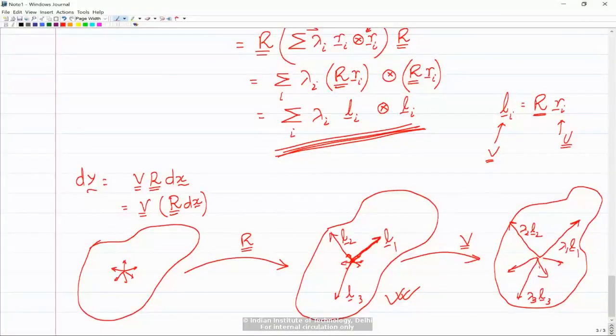If you think of any other line element here, let us say L, then finally it is going to become V times L. And L not being the eigenvector of V, it will undergo change in length as well as change in orientation.